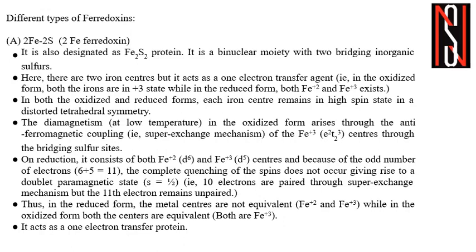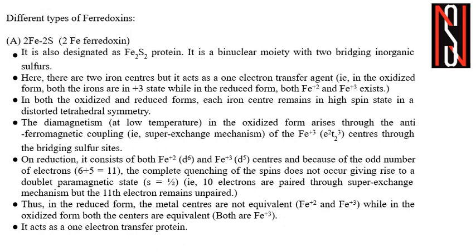Why? Because paramagnetism means that there will be at least one unpaired electron, and here in the reduced state we are getting one unpaired electron with spin equal to plus half. If you calculate the total spin multiplicity, it is 2S plus 1, so it would be 2, and hence it is named a doublet paramagnetic state.